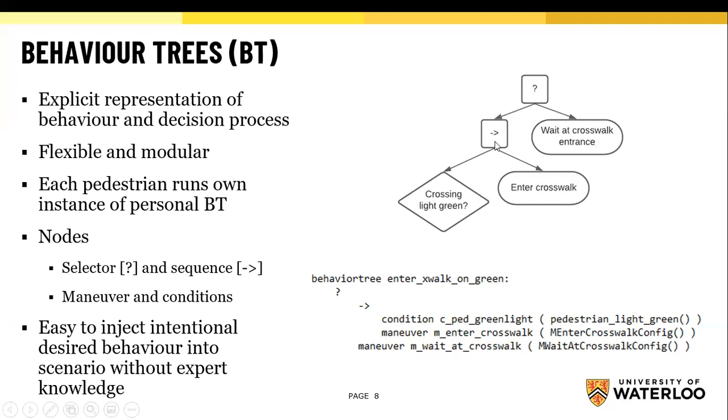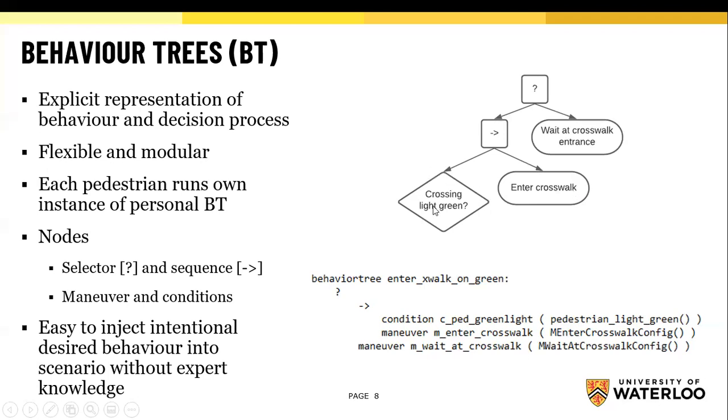Since this is a sequence, when it receives a success, it goes to its next child, the maneuver node, enter crosswalk. That returns a success all the way back up to the root. Since this is a selector that received a success, it's done. It returns from the whole tree, and the maneuver that was last visited by the traversal is then selected to be executed. So it would select to enter the crosswalk.